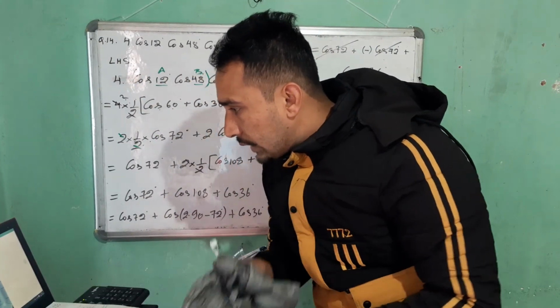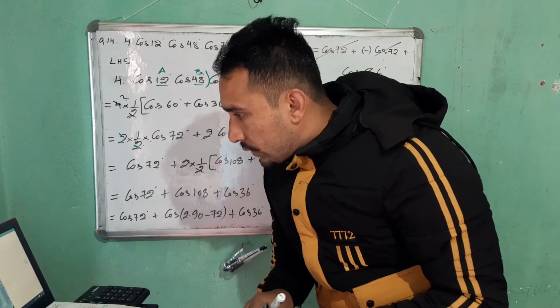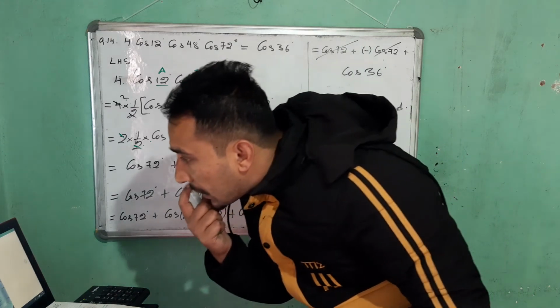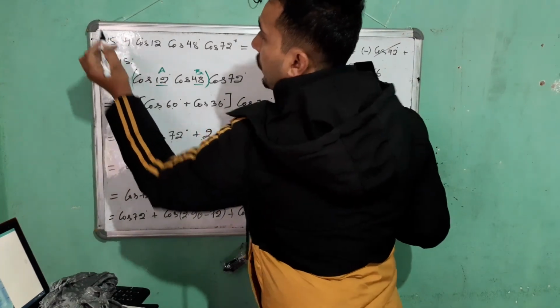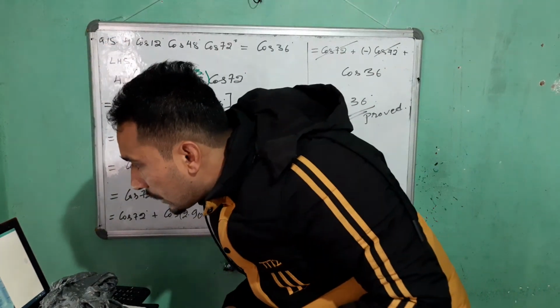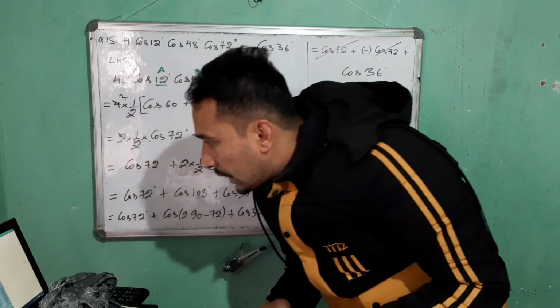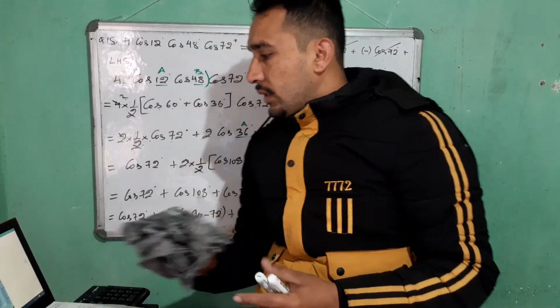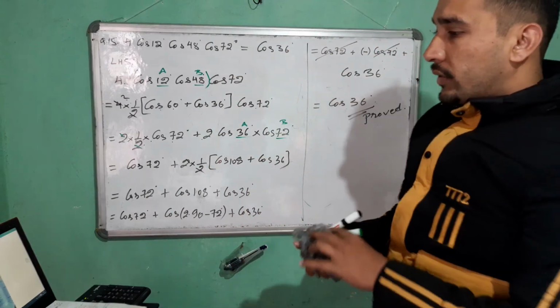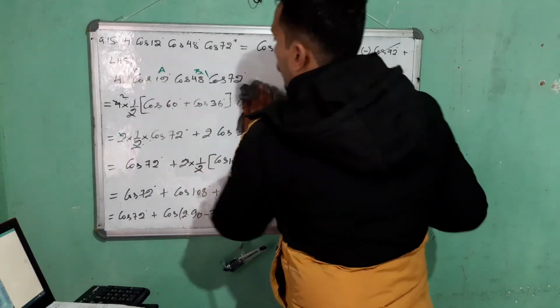Okay, this was question number 14, and that was question number 15. Question number 16 is also a similar type of question. You convert that in terms of sine and cos, and then you do it.